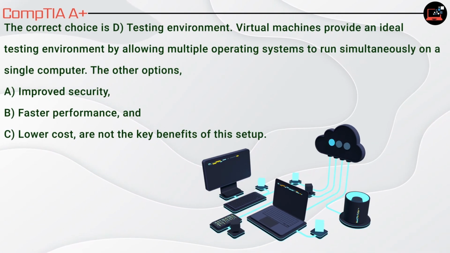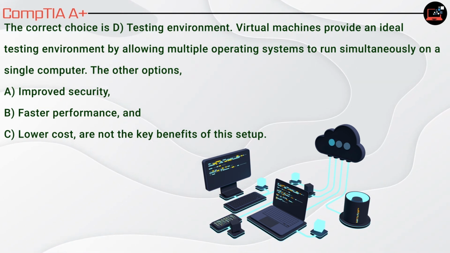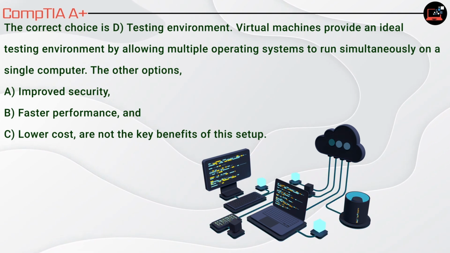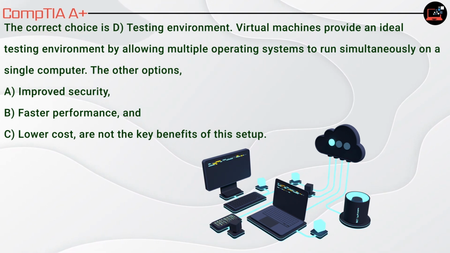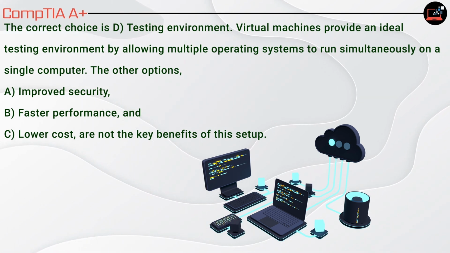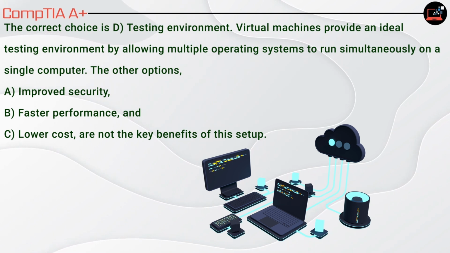The correct choice is D. Testing environment. Virtual machines provide an ideal testing environment by allowing multiple operating systems to run simultaneously on a single computer. The other options, A. Improved security, B. Faster performance, and C. Lower cost, are not the key benefits of this setup.